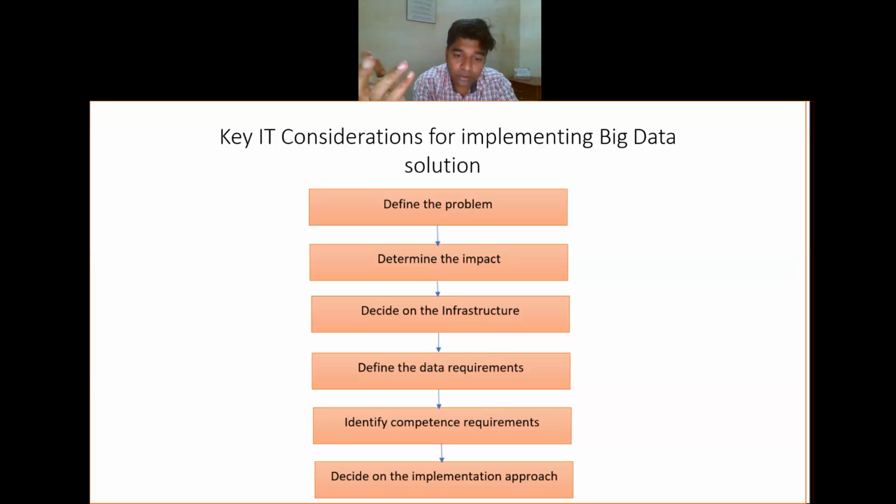Is it to improve sales? Is it to take advantage of big data solutions? Is it for the appreciation of the company, or to improve market share? So when we provide a big data solution to an organization, we have to know and define the problem definition. We have defined the problem, basically.